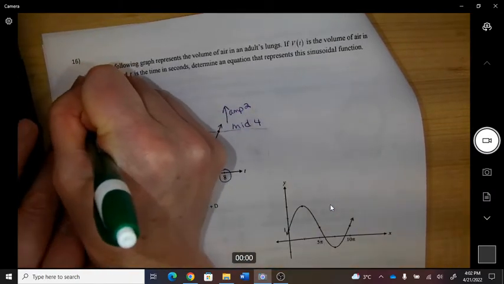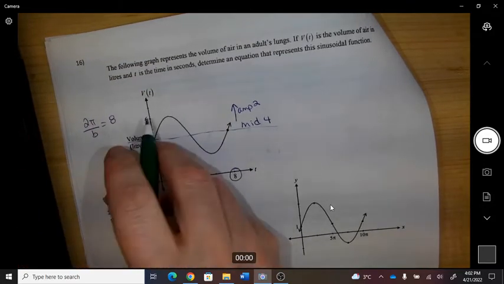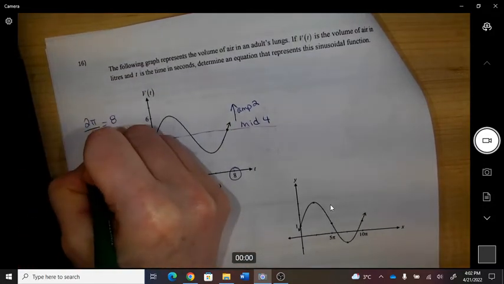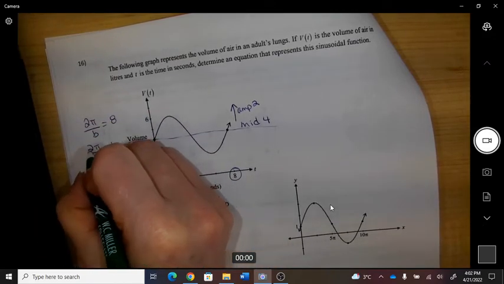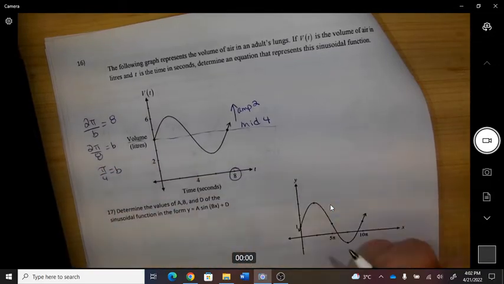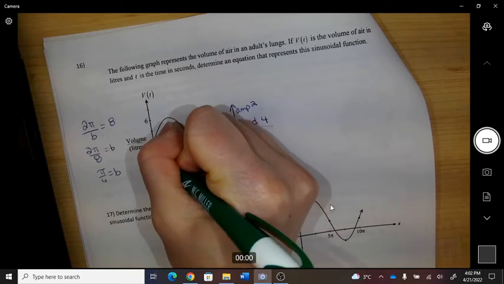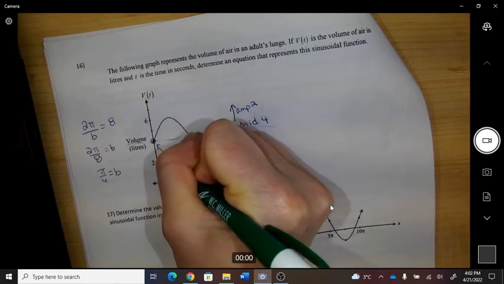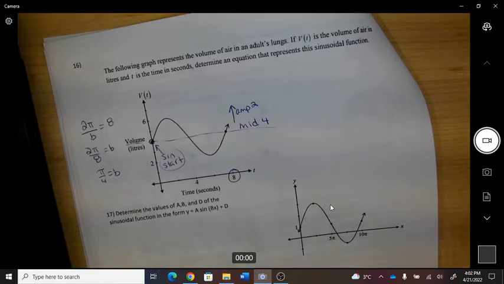So 2 pi over some kind of value will give me a cycle of 8. So if I switch those, 2 pi over 8 equals b. Switch those places. I'm going to reduce. So pi over 4 equals b. Okay, and then if I talk about this being sine, this would be the starter. So I don't need to move it right or left.